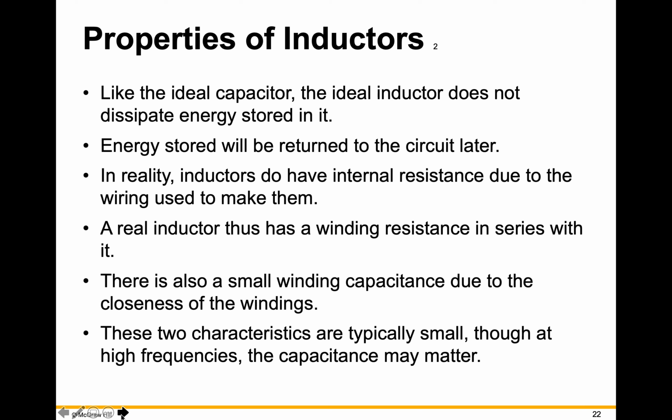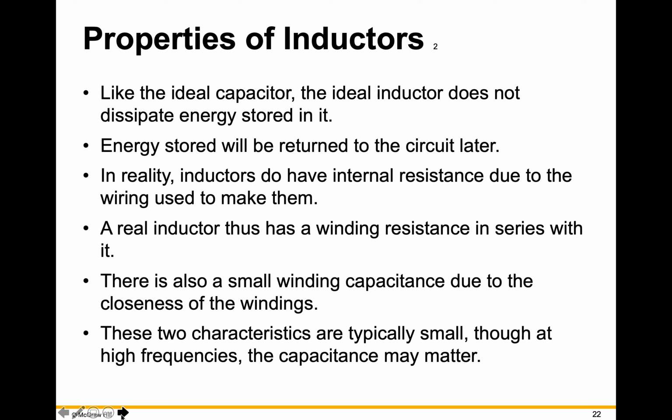Also, because you have these wires laid on top of each other, you have what's referred to as a little winding capacitance, and this can be modeled in various ways. They're usually very small, and at normal operating frequencies, they're not an issue. However, when frequencies get very, very high, the winding capacitance can make a significant difference.